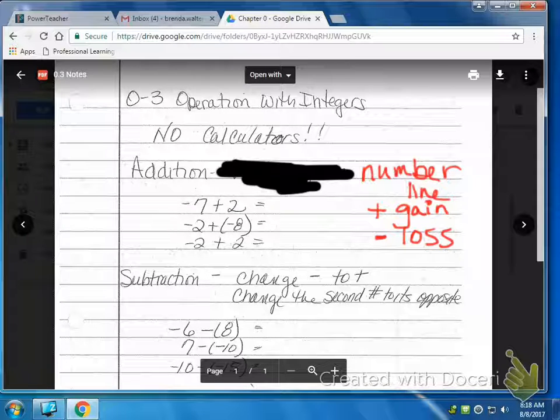Also, I'm going to tell you that we never ever use double signs. So you can write it down here: no double signs.